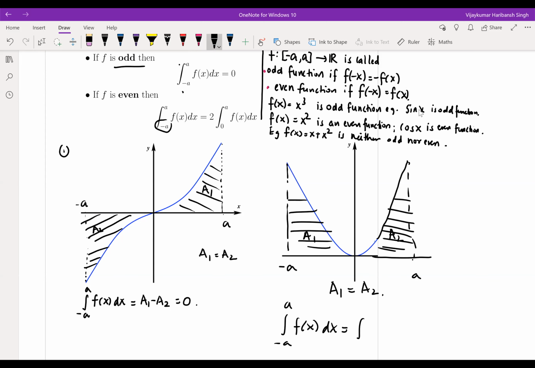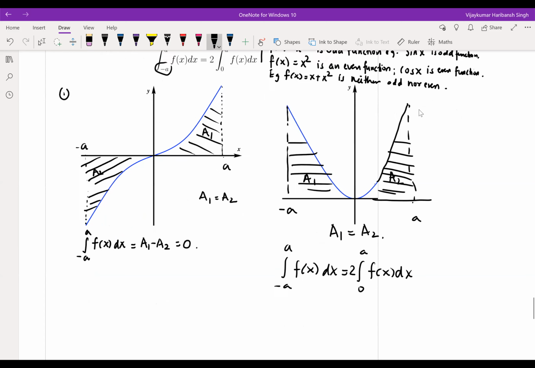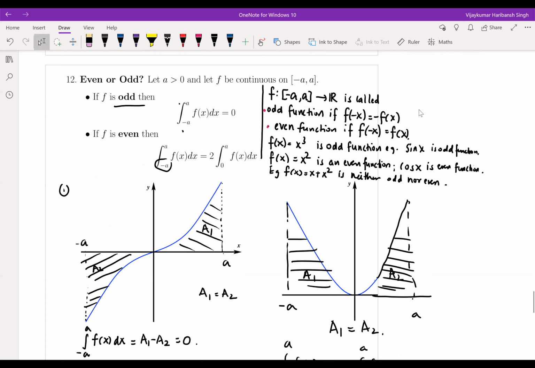So you can say 0 to a, 2 times f of x dx. You'll say, well, what is the advantage in this case? It helps you compute the integral in an easy way. Okay. Makes sense? So now this is a pictorial proof of this.